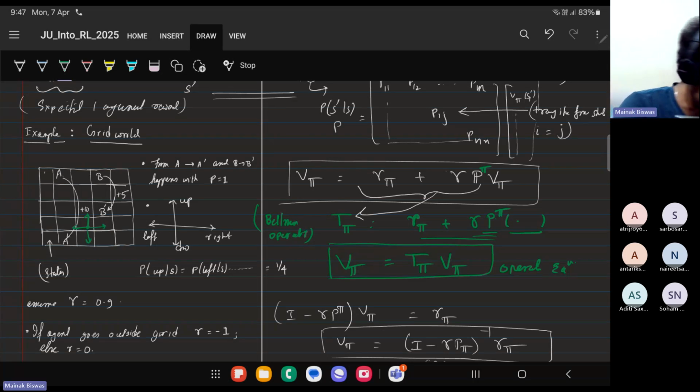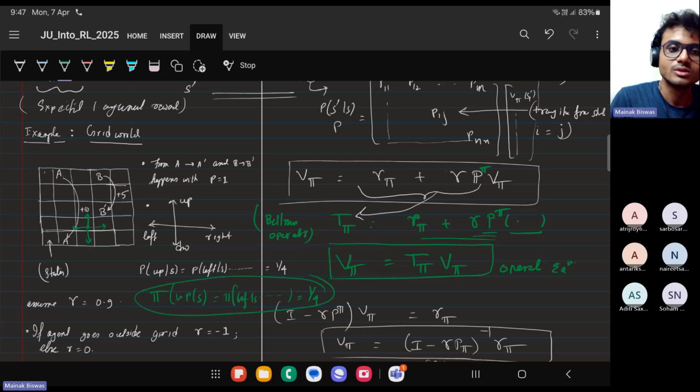And you are told that the policy pi of up given s is equal to left given s, and so on, for all s equal to 1/4. That you have a uniform policy for all states is given to you. That is, at every state you are equally likely to move in any direction.